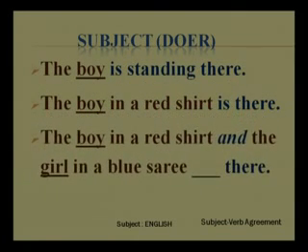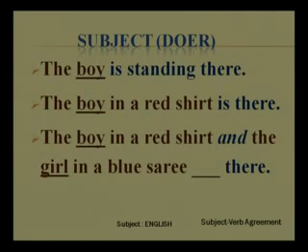In the third sentence, you can say that the boy in a red shirt and the girl in a blue sari blank there. Here you can see there are two people. One is a boy and second is the girl.